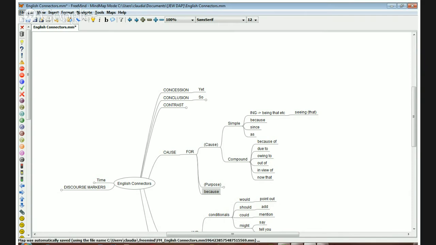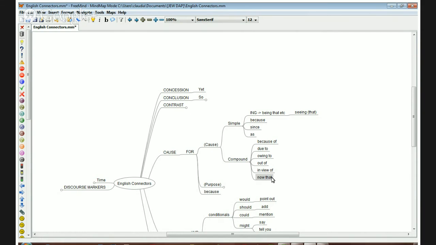Well, I wonder if we have a more natural, native speaker way of saying that. They appear very focused. How about this? You can tell because of the expression on their faces. So that sounds pretty good. That sounds like a native speaker. So let's add that to our map.